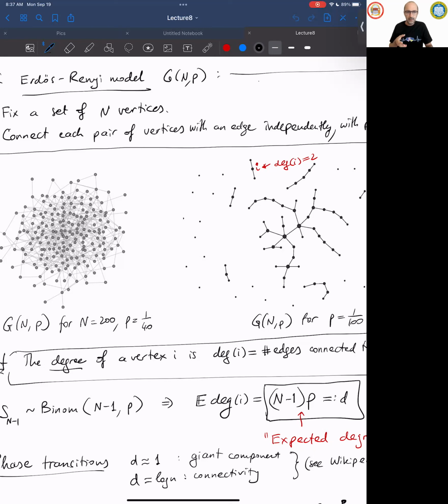The Erdős-Rényi model also undergoes similar phase transitions as you drive P, let's say, from 0 to 1.